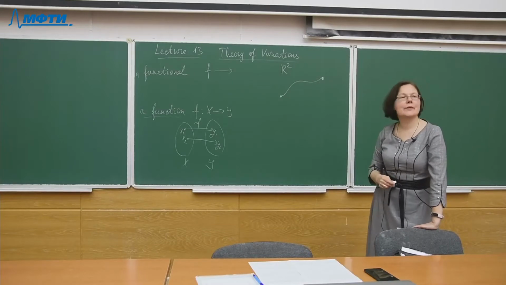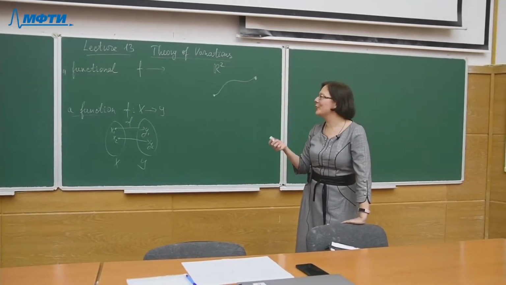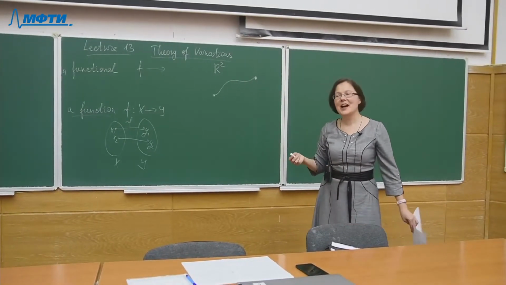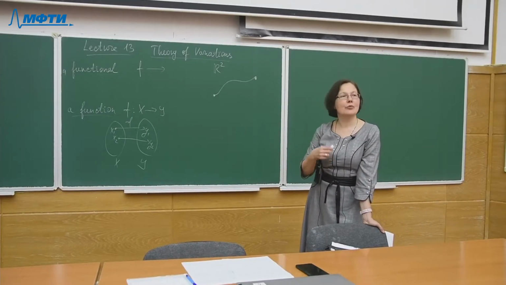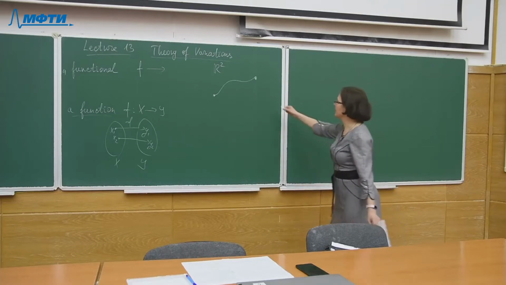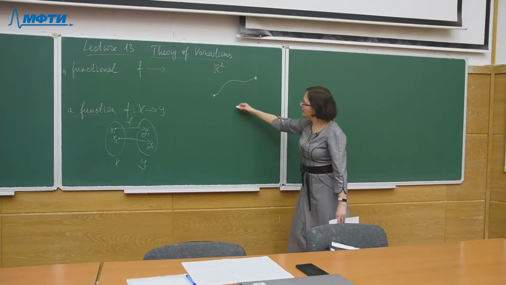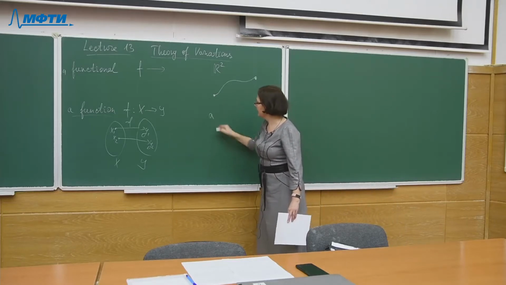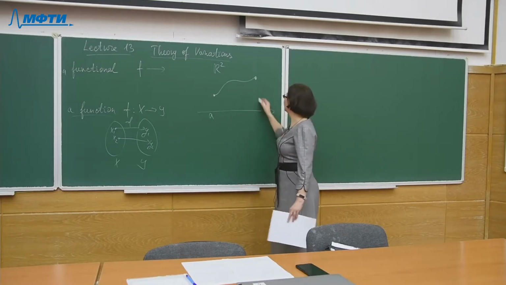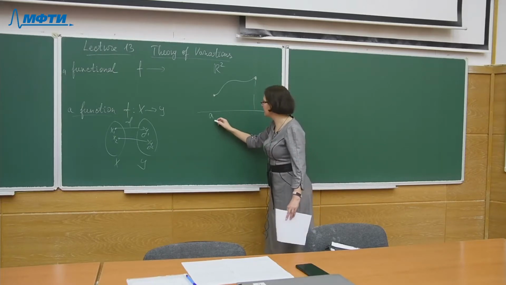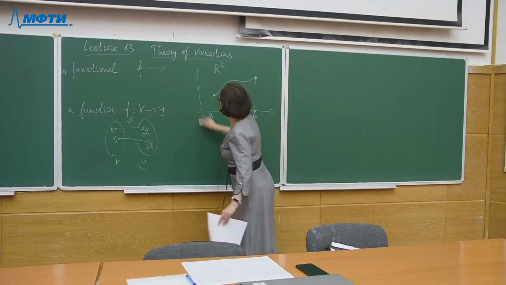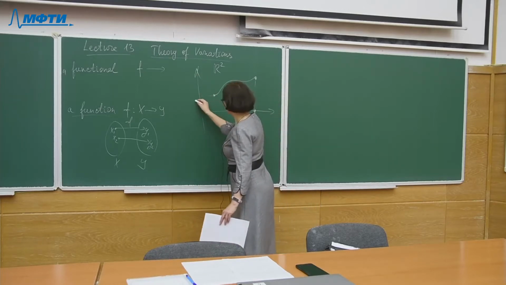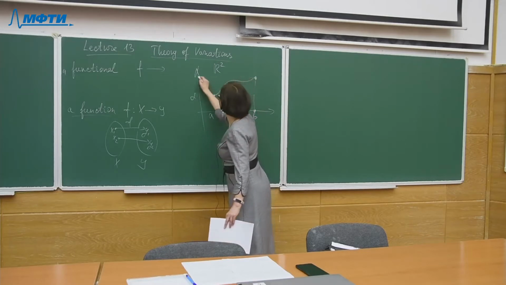So we will speak about problems such as minimization of, maybe, length. For example, in our example, if we fix 2 points A and B, so this is alpha and this is beta.